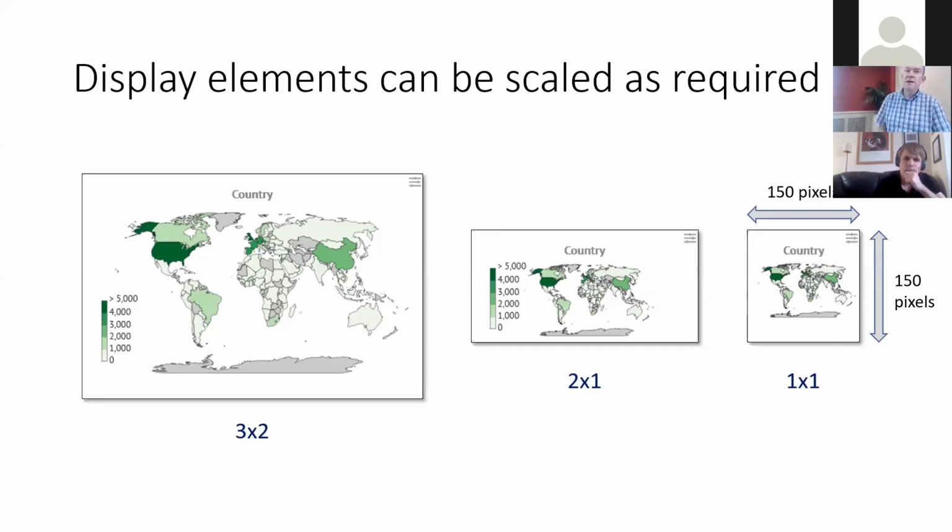As you go to a smaller tile, we have to move the legend so that it all fits on. And when you go to a very small 1 by 1, the smallest element is 150 pixel square, we remove the legend altogether because it's just not useful to try and include it. But as before, you can hover over any of the elements to actually see the values underneath.